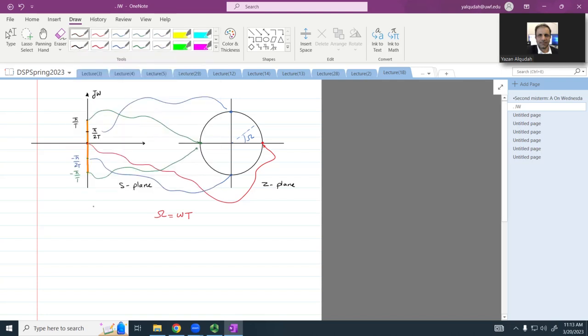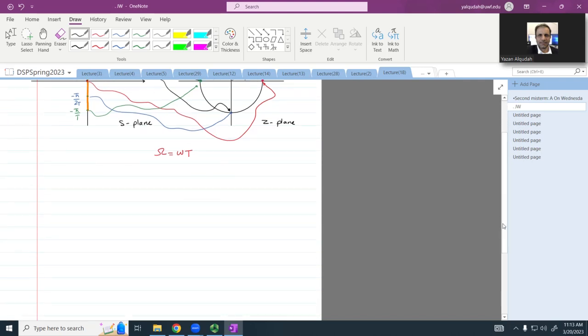If I take a point here that is 2 pi divided by T, this point is going to get mapped back to the same point that I mapped the 0 frequency to. Similarly, if I take 3 pi over 2T, this is going to get mapped to the same point that already mapped negative pi over 2T. This is basically what the aliasing is.